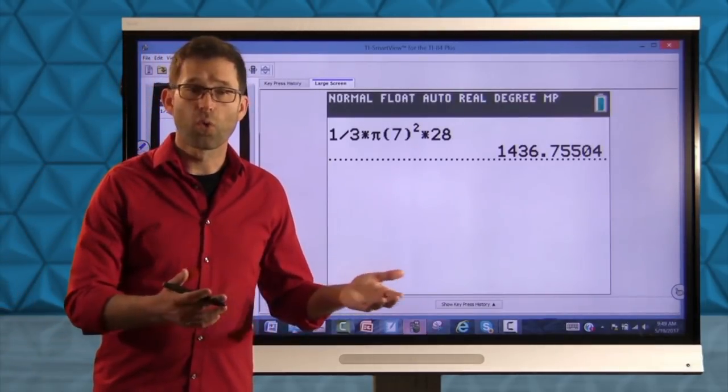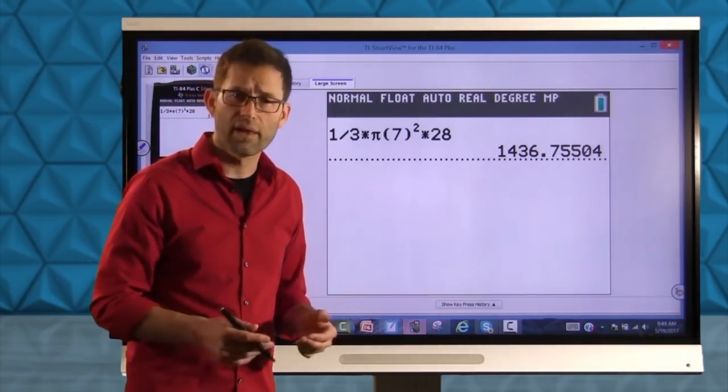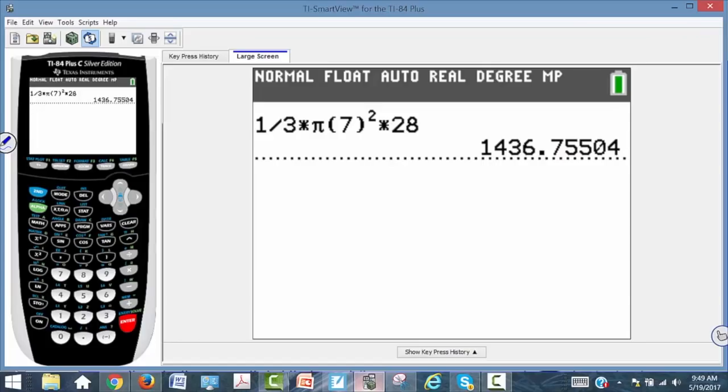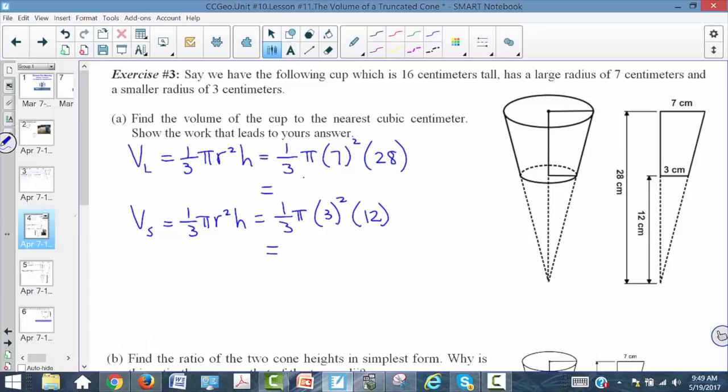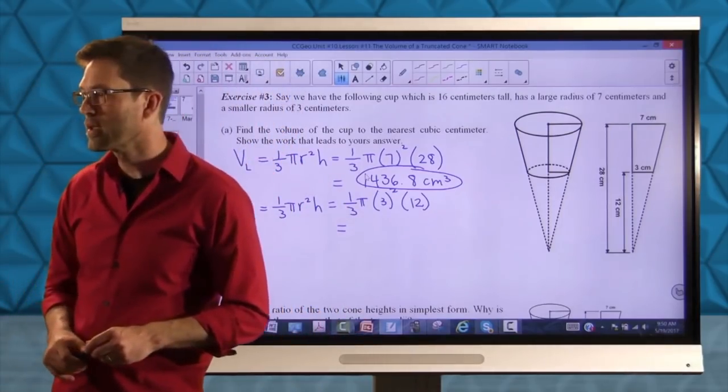All right, we could store that in something if we wanted to. We could store it in letter A or letter B or something to help us out later. I'm going to write it down in just a moment, 1,436.8, and cubic centimeters. So that's the volume of the large cone. Let me just verify that really quick.